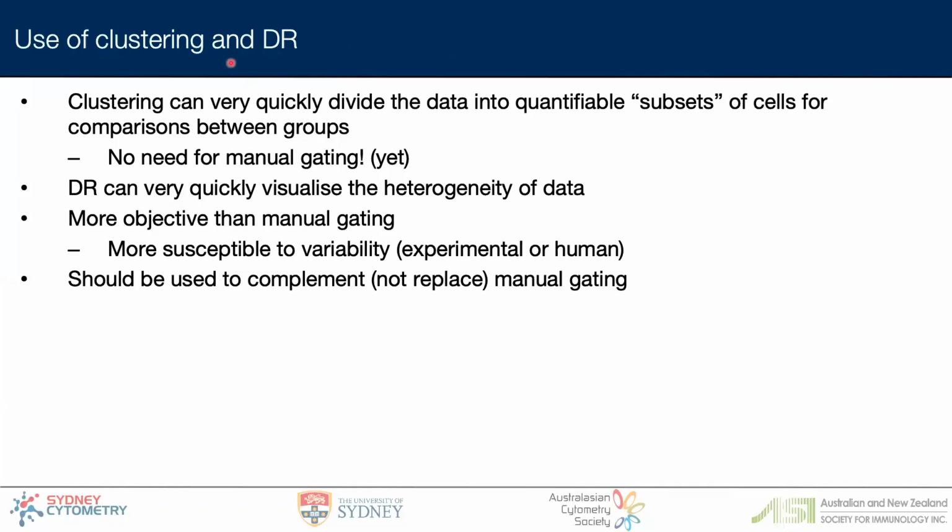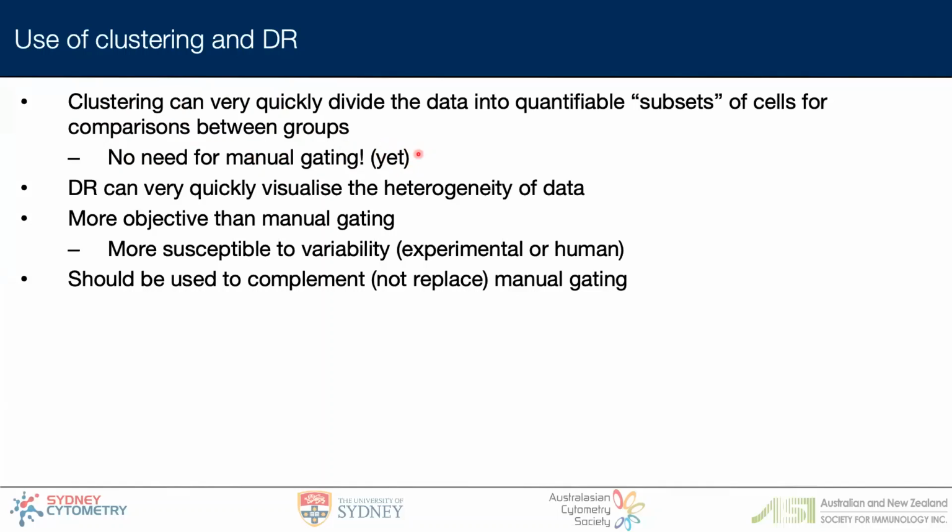So why do we use them? Again, clustering, like I said, is really useful for quickly dividing up our data into immediate quantifiable subsets, so we can directly compare between cells. Obviously, it's really appealing because you don't need manual gating for the clustering.